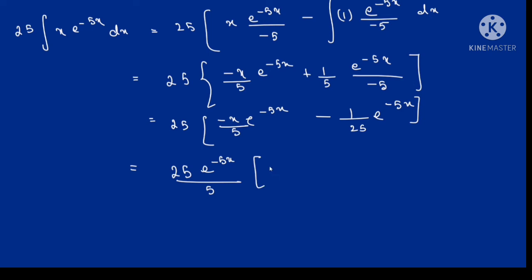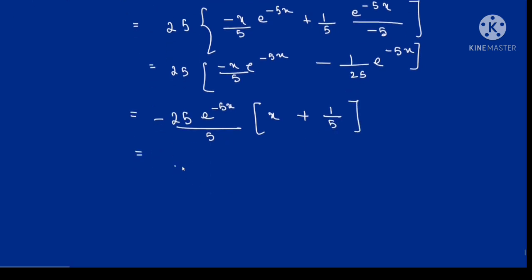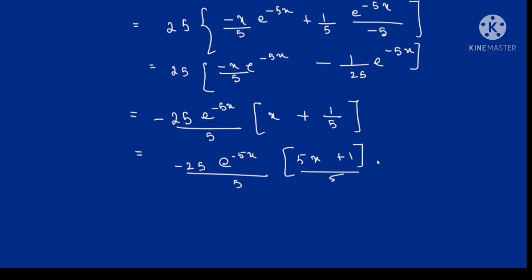Okay, so what do you get here? Minus x. Minus is common, take it out. So I have taken e power minus 5x by 5, minus also. So it becomes x plus 1 by 5. 1 by 5 I have taken out. So that means I will get the answer minus 25 e power minus 5x by 5, and here 5x plus 1 by 5 plus c.